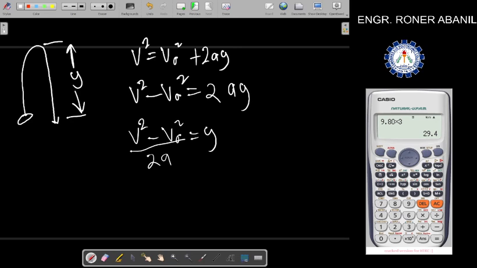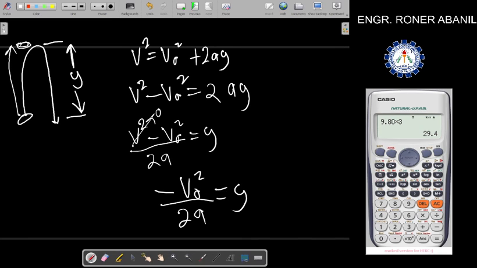And dahil yung final velocity niya, 0. Bakit 0? Siyempre, pag tinos mo yan pataas, yung velocity niya sa point na to is zero. No? So, magiging zero yan. So, ang mangyayari is negative v initial square over 2a na magiging y natin.